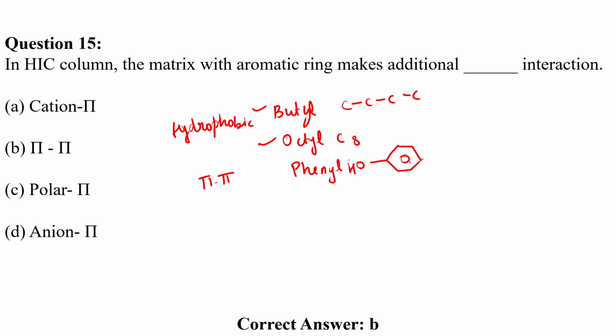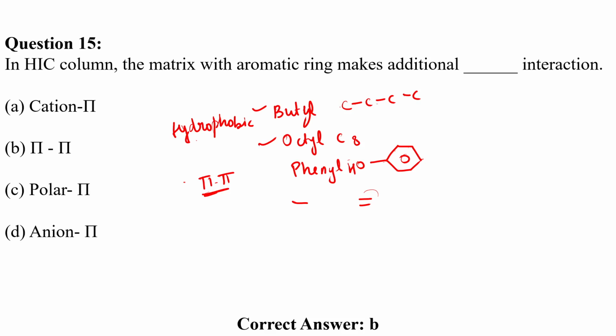What do we mean by pi pi interaction? The interaction between the double bonds. Single bonds are called sigma bonds and double bonds are called pi bonds, right? So the interaction between two double bonds is called the pi pi interaction. Along with the hydrophobic interaction, it has an additional interaction.